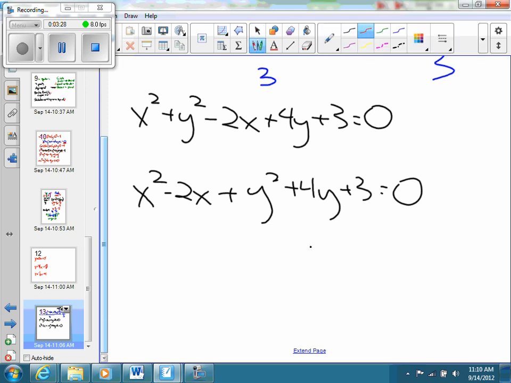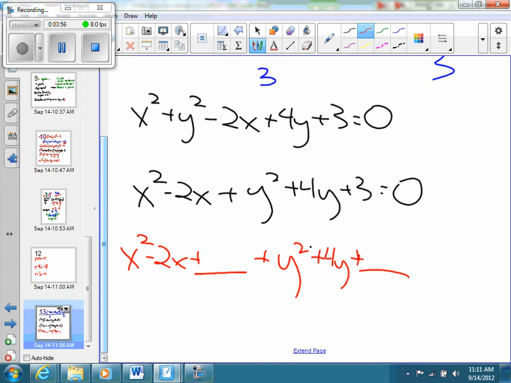So what I'm going to do next is I'm going to rewrite this thing so that I can easily complete the square and not have a lot of problems. So I'm going to rewrite it: x squared minus 2x plus blank, plus y squared plus 4y plus blank.